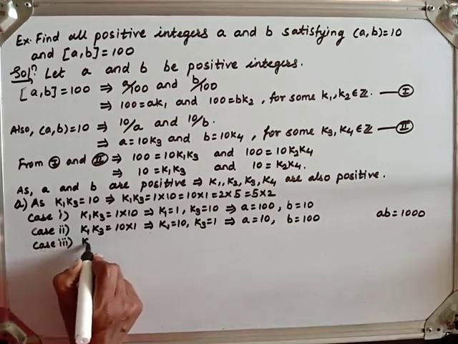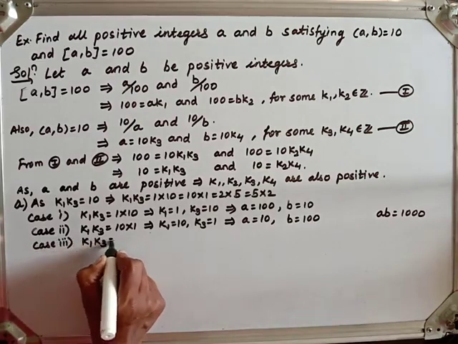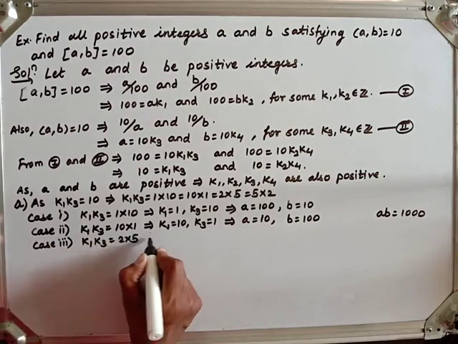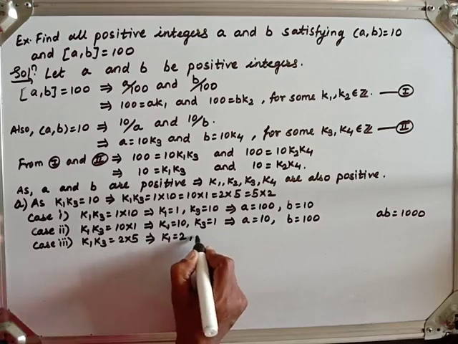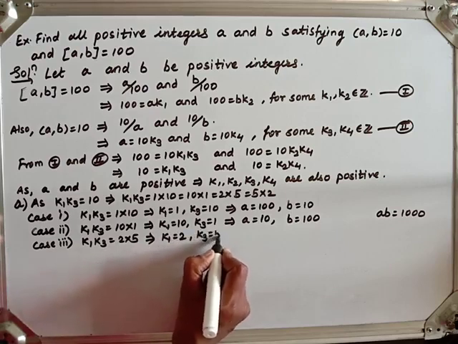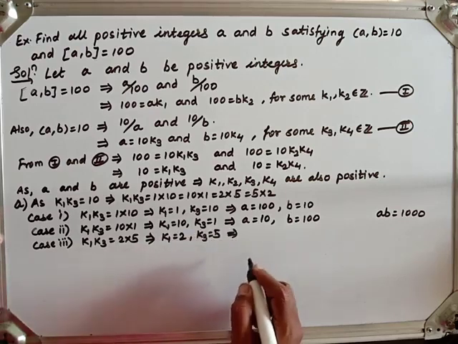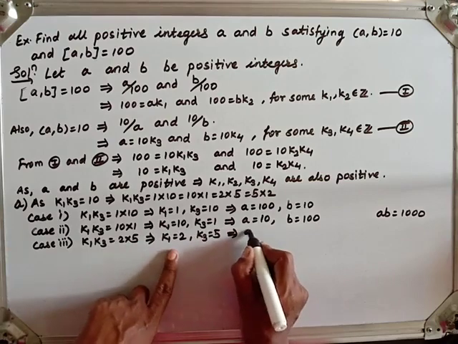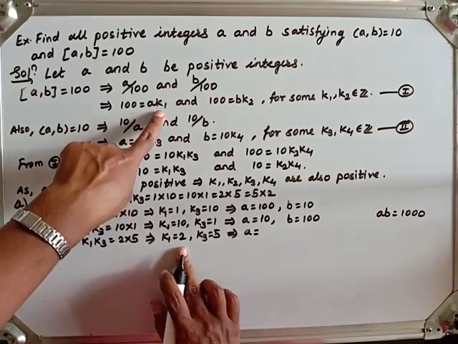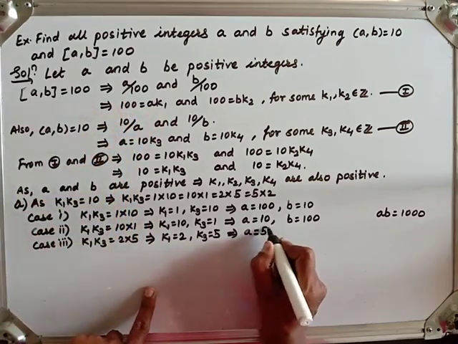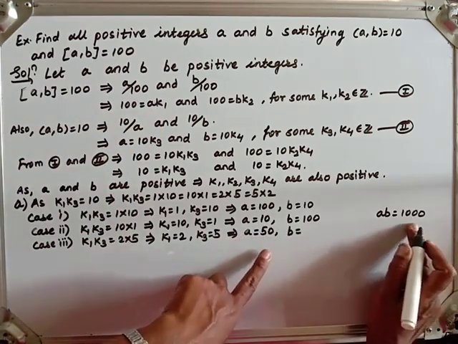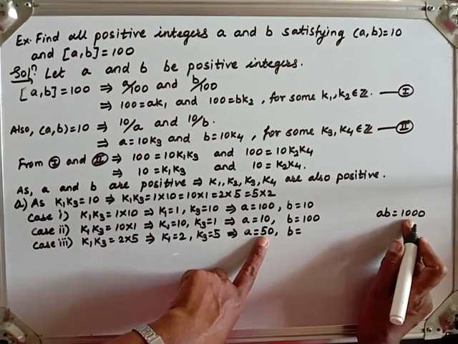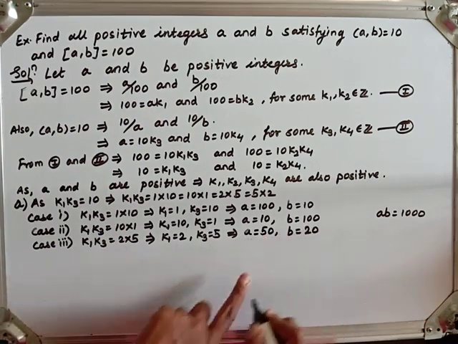Now case 3. What is case 3? K1 K3 is equal to 2 into 5. So this gives K1 is equal to 2, K3 is equal to 5. So this implies, if K1 is 2, A will be 50. And if A is 50, what is B? 1000 by 50, so B will be 20.